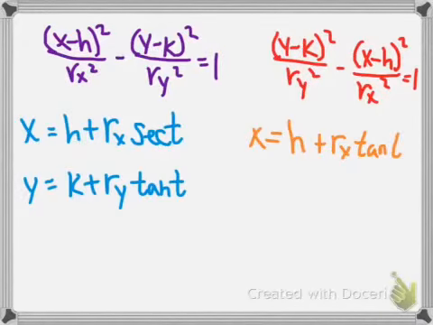X equals h plus the x radius times tangent t, and y equals k plus the y radius times secant t. So that is the parametric for a hyperbola. It's just a matter of making sure that you pick whether it's horizontal or vertical, and then identifying where it goes there.